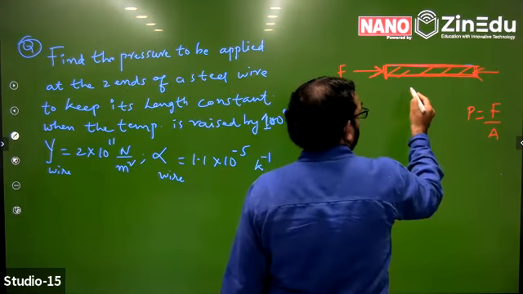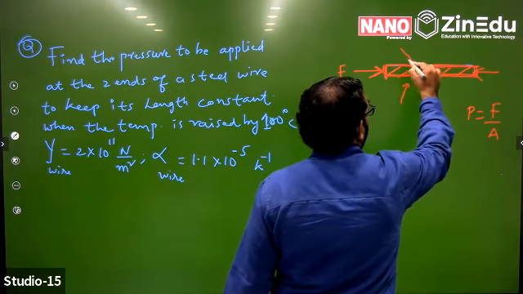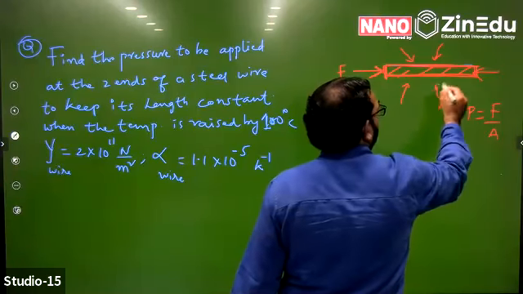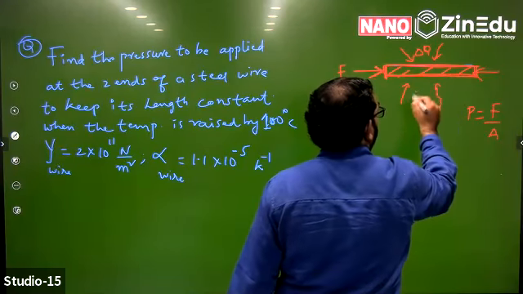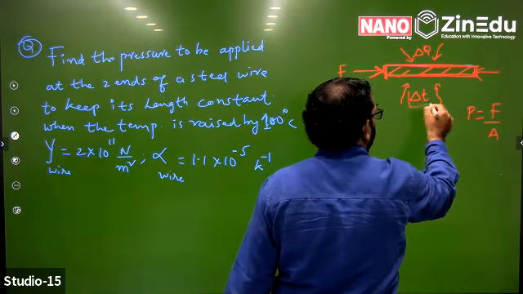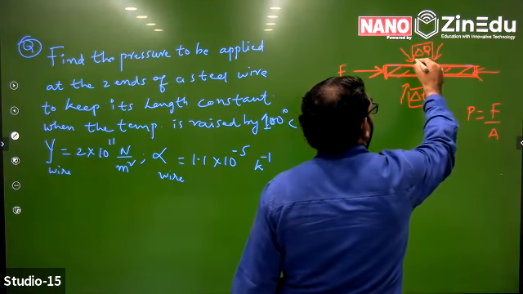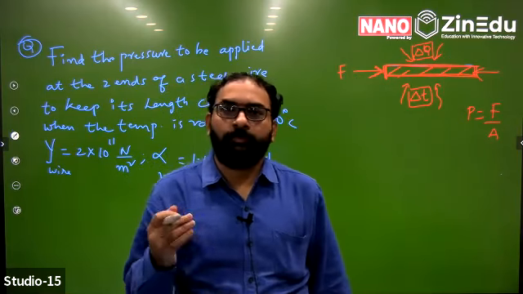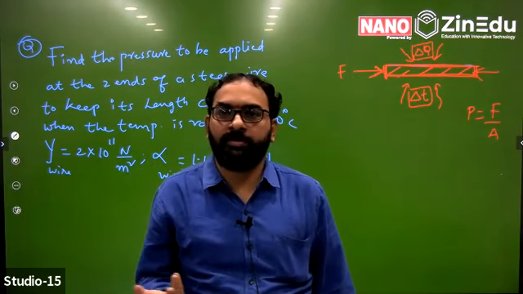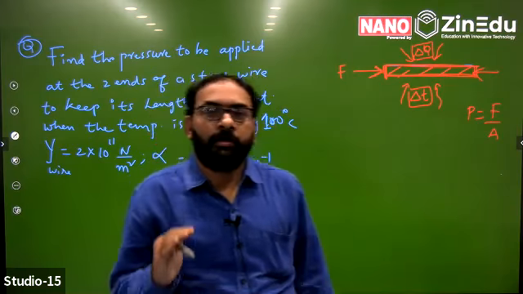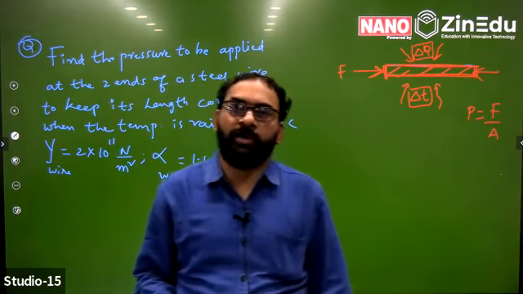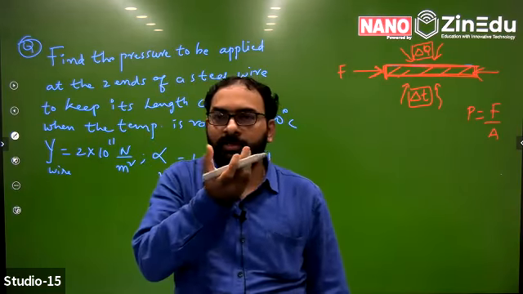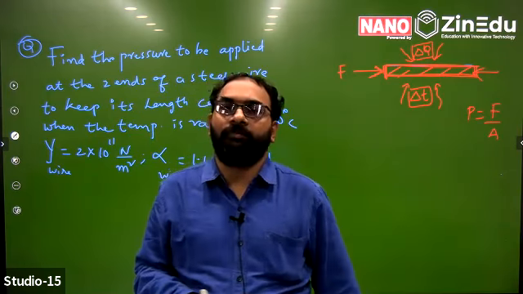And now we are providing some heat energy, and there is a rise in temperature. Delta T is the rise in temperature. Delta Q is the amount of heat energy. Obviously, when a sufficient amount of heat energy is received by the rod, and there is an adequate rise in temperature, definitely there will be an increase in length of the rod.